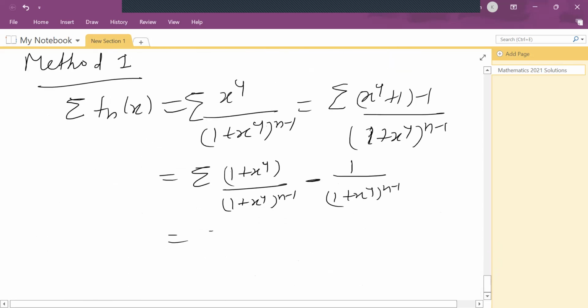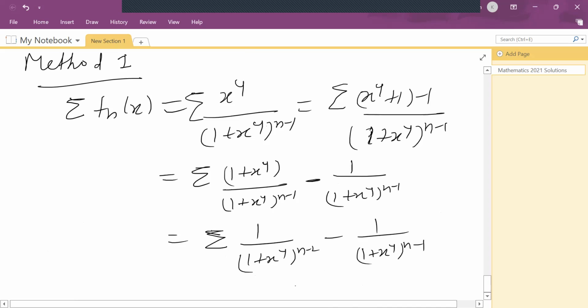So this can be written as sigma of 1 upon (1 plus x^4)^(n-2) minus 1 upon (1 plus x^4)^(n-1).